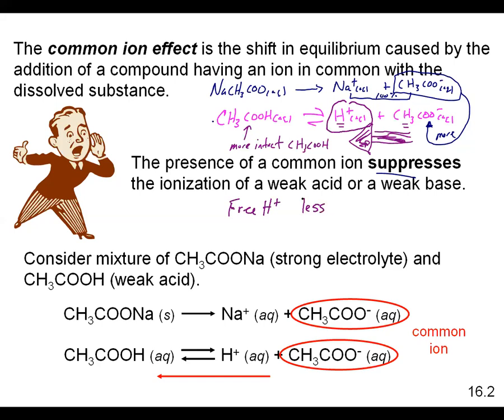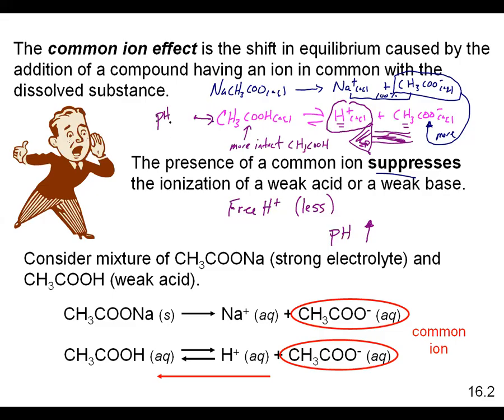And that's important in terms of pH, because if we have less H plus, we would expect the pH to start moving upwards. Less H plus means more OH minus. Not necessarily will it become basic, for example, but the pH will move up from where the acetic acid pH would be by itself.